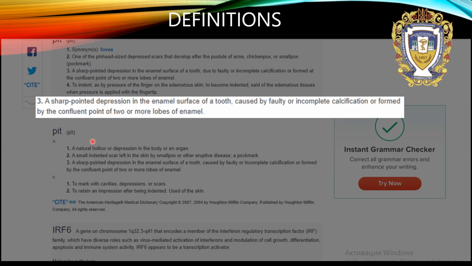But we are interested in the dental definition. The dental definition tells us that a pit is a sharp point or depression in the enamel surface of a tooth, caused by fully or incomplete calcification or formed by the confluent point of two or more lobes of enamel.